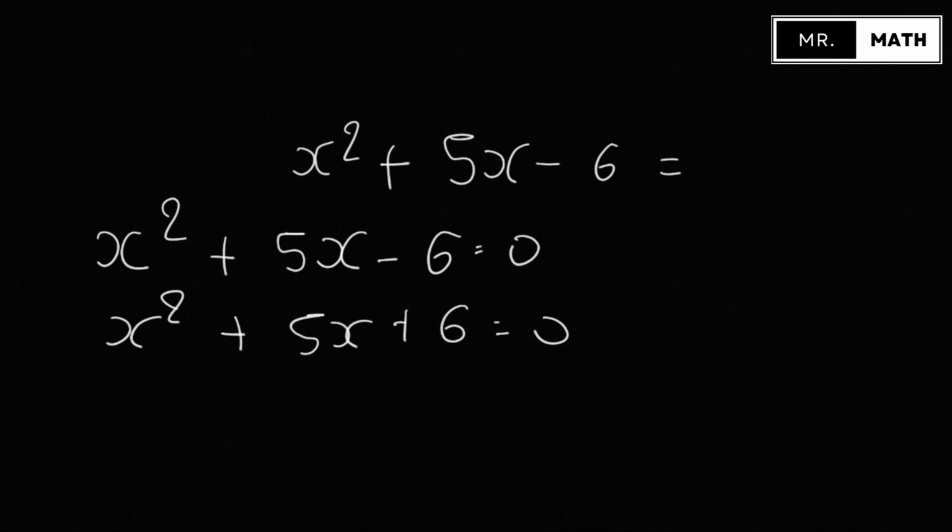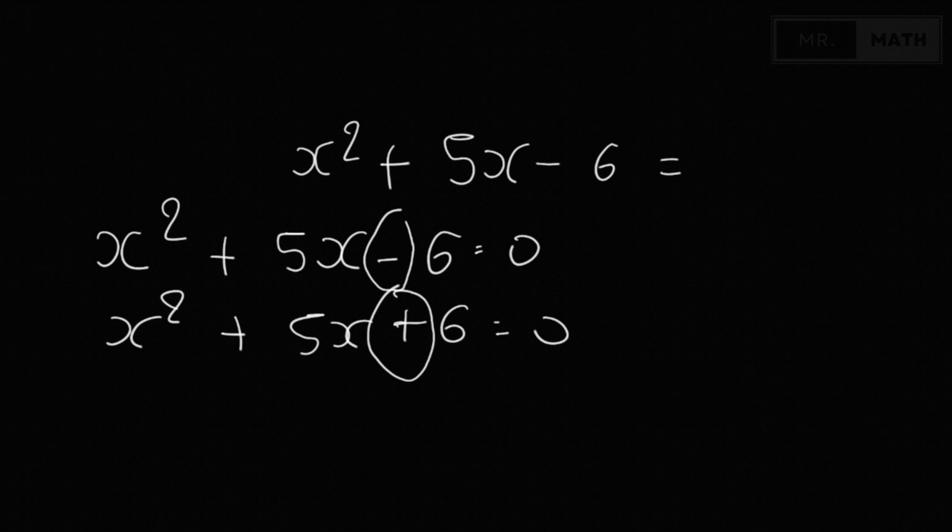So why have I written two equations? I am only making you learn how to factorize and find the roots. Look at the signs here. There is only one difference in the two equations: here I have written plus and here I have written minus.